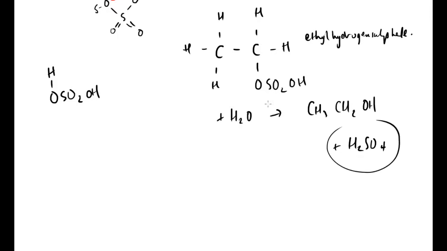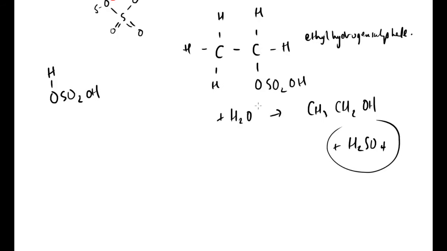If you've done the alcohols topic already, then great. If you haven't, you will come on to this. But in the production of ethanol from ethene, we use concentrated sulfuric acid or phosphoric acid. In this case, we could use the sulfuric acid as a catalyst, and you can see this is actually the mechanism for how it would work.